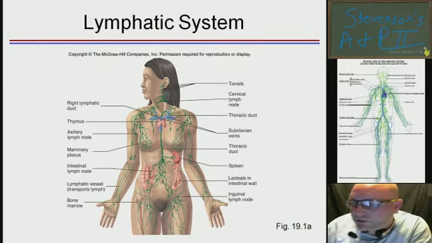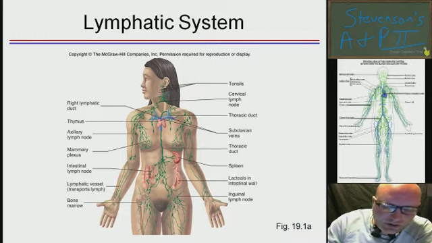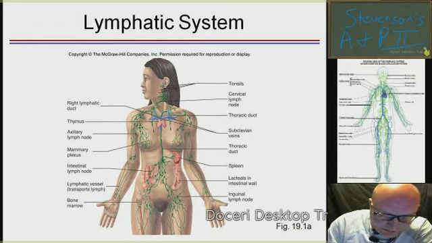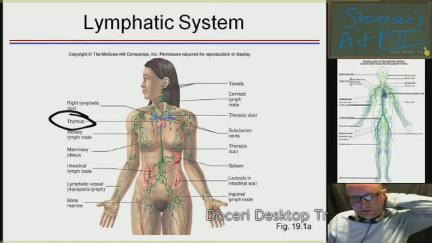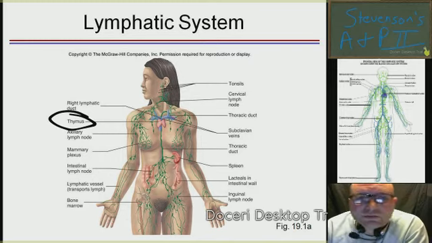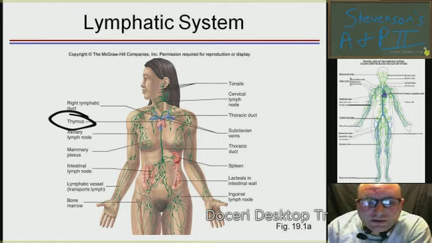So here are some of the major organs of the lymphatic system that we'll look at. Let's look at a few of these real quick. To start off with, the thymus gland. The thymus gland is found right in the center of the chest. It should be fairly familiar because we've looked at the thymus gland a little bit before when we were talking about endocrine glands.